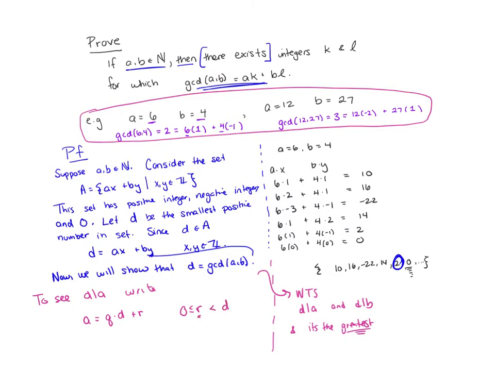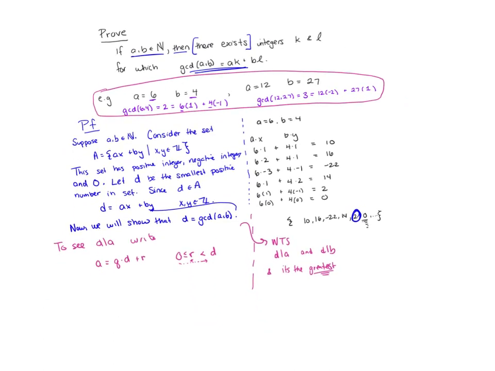The remainder can be 0, or it can be any number up to D, but not including D. Now, if we go from there, we're trying to show that this R has to be 0, so that A really is some multiple of D. So let's solve for that R. So R is equal to A minus Q times D.